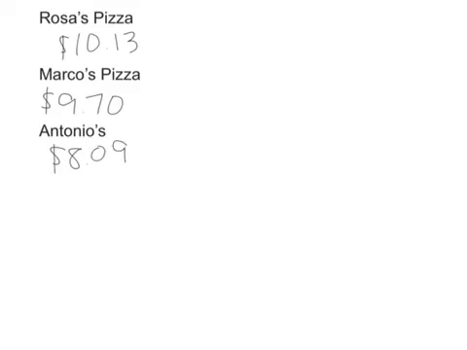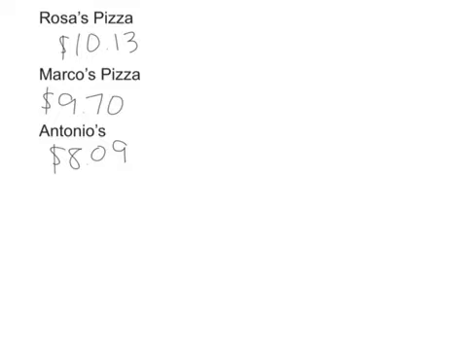I now need to answer that question. It said that we needed to determine where Justin should buy his pizza. Well, we want to get the best deal. So now I'm going to compare these 3 amounts because each of these are talking about for one pizza. So now I can compare them and see where I'm going to get the best deal.